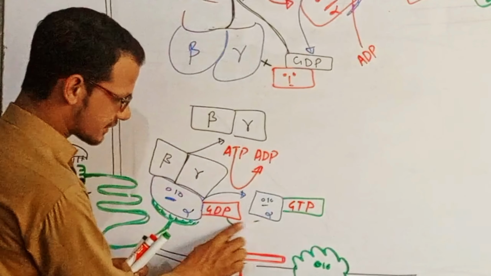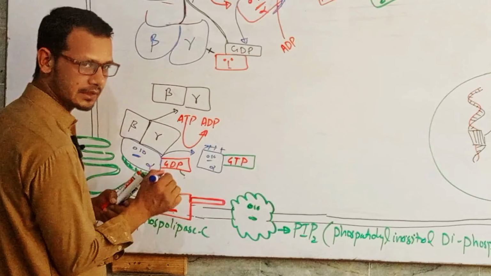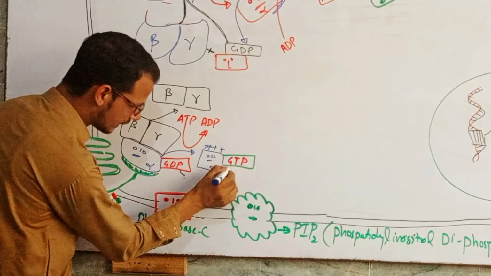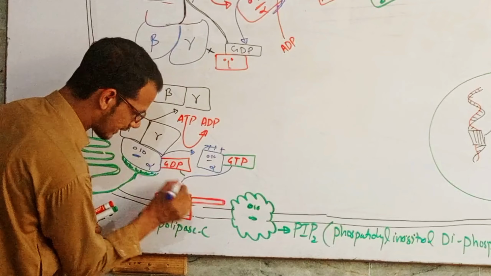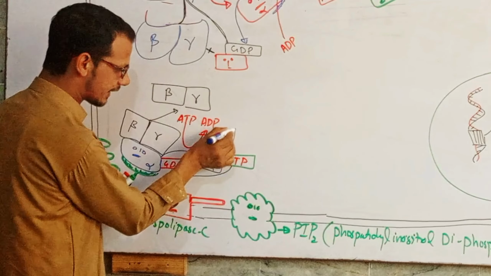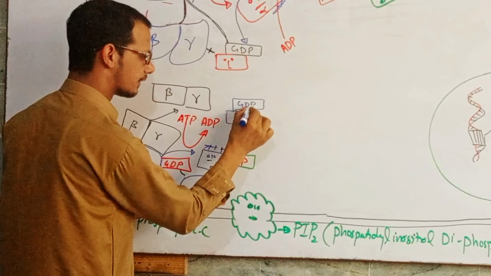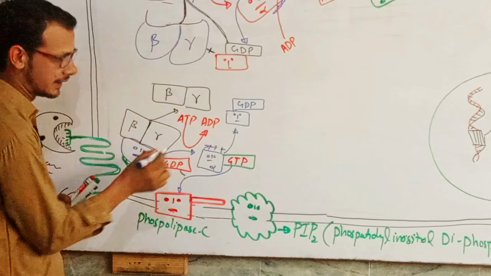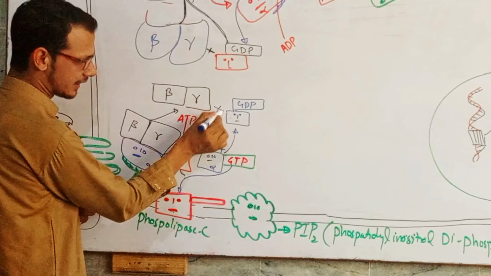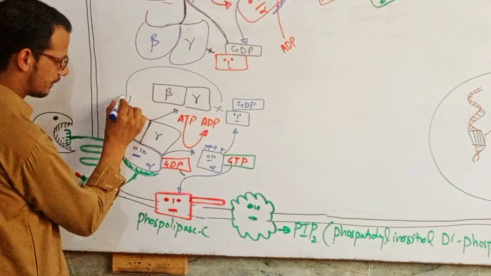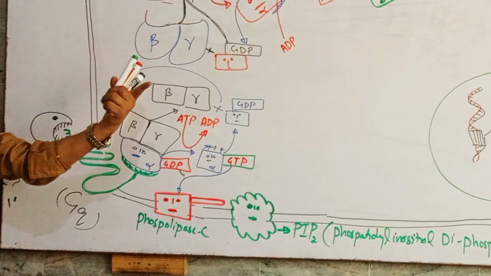When this alpha unit is activated, this protein takes the GTP, the inorganic phosphate from the alpha unit, and converts it again into GDP. The alpha, beta and gamma units will react again, and come back here and wait for another ligand.